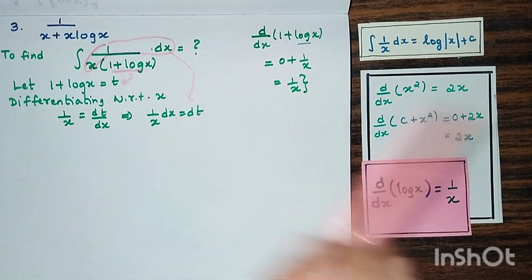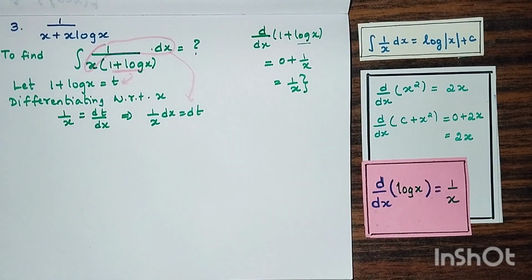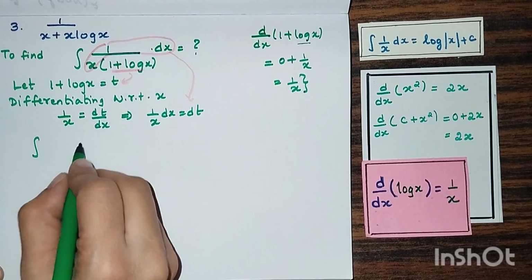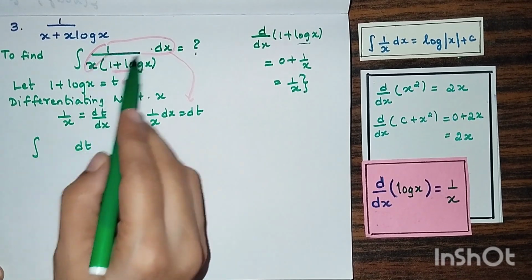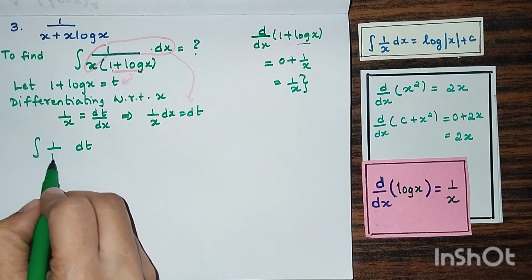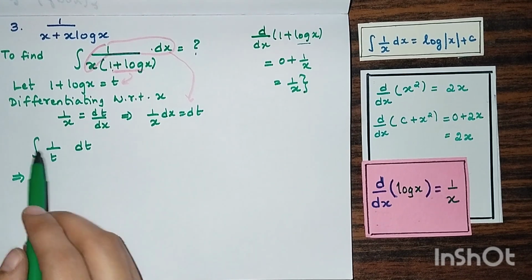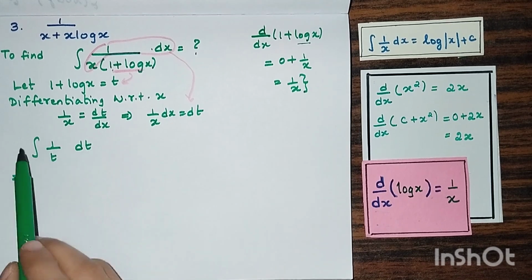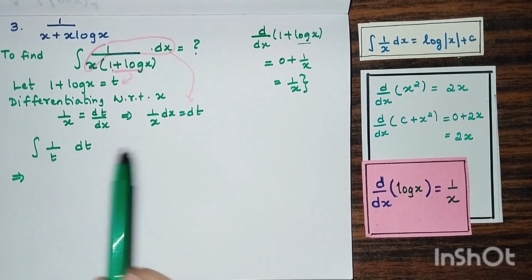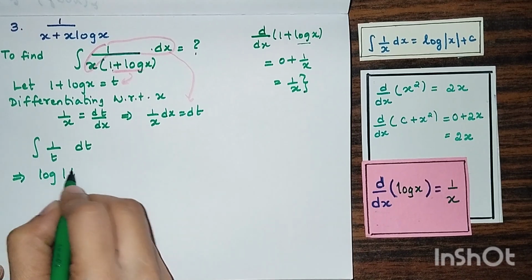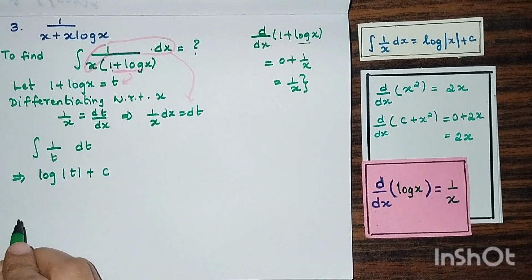So all the variables in the given function are replaced by t. So we will write integral of 1 by x dx as dt and 1 divided by 1 plus log x as 1 by t. Now this is by inspection method, integral of 1 by t with respect to t is log of modulus of t plus c.